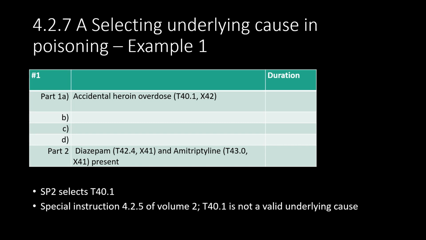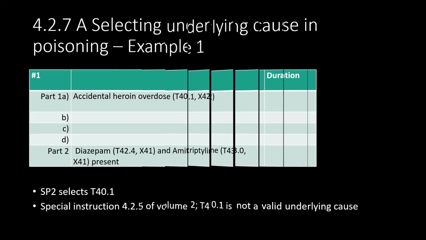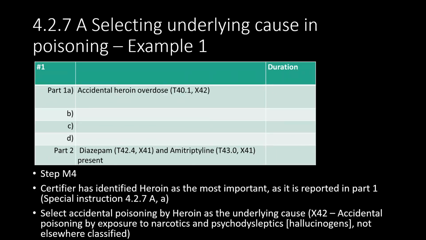Now we apply mortality coding rules. SP2 selects T40.1. However, according to the special instruction 4.2.5 of volume 2, T40.1 is not a valid underlying cause. Now we will apply step M4.